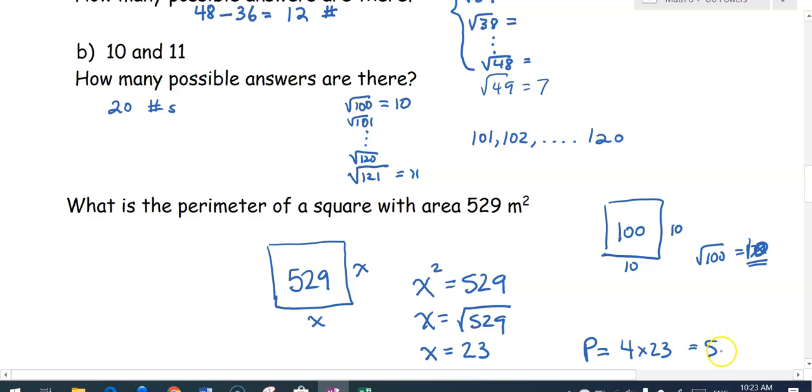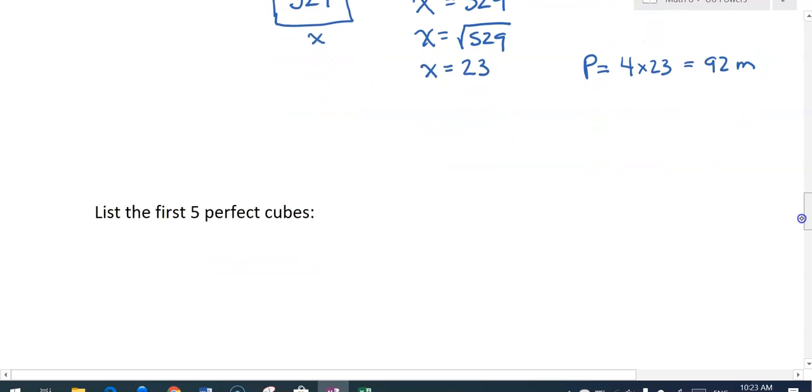Sorry, what did I just do? You would get 4 times 23, I obviously pushed the wrong button, which would get you to 92 meters all the way around. All right, so you can use your square root function to find the edge length.